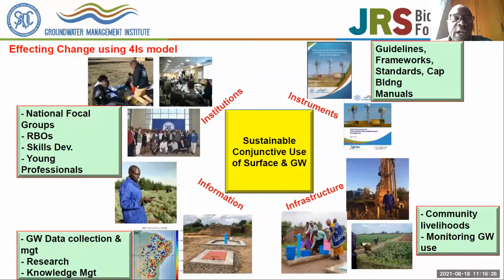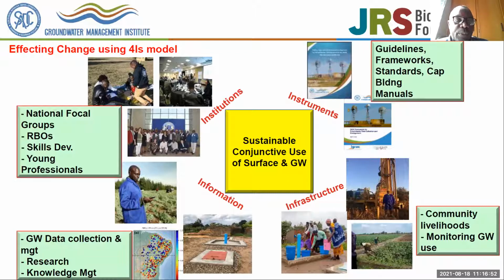So in addressing our mandate, we've got what we call the 4 I's model. This 4 I's model looks at institutions, instruments, information, and infrastructure. So the project we are implementing in Khakhea Bray sits in the information zone, where we believe in generating data, which data can be used to generate information and the information to support decision making.